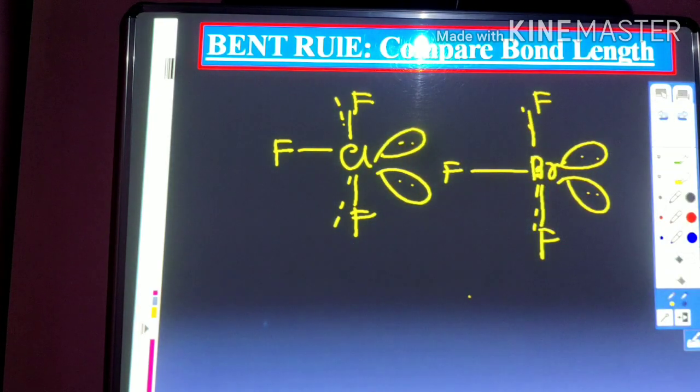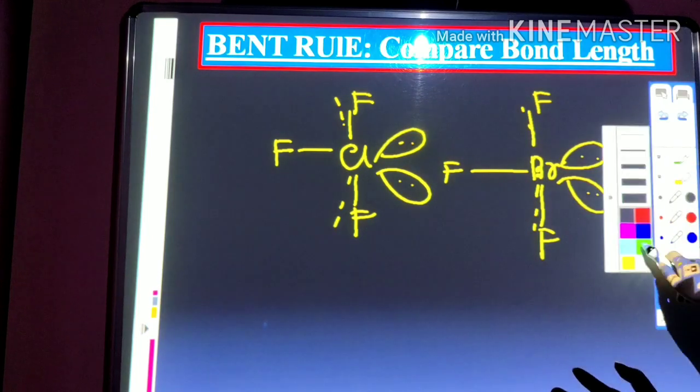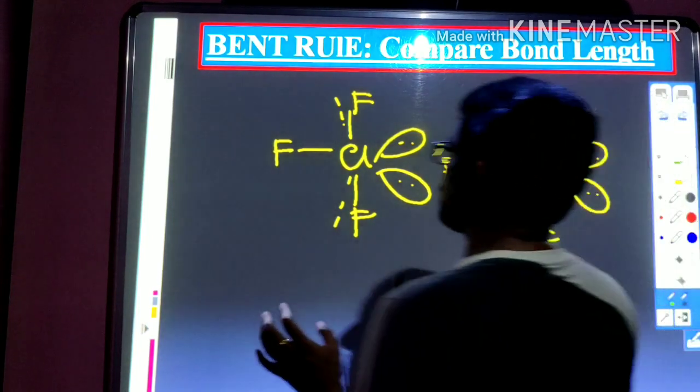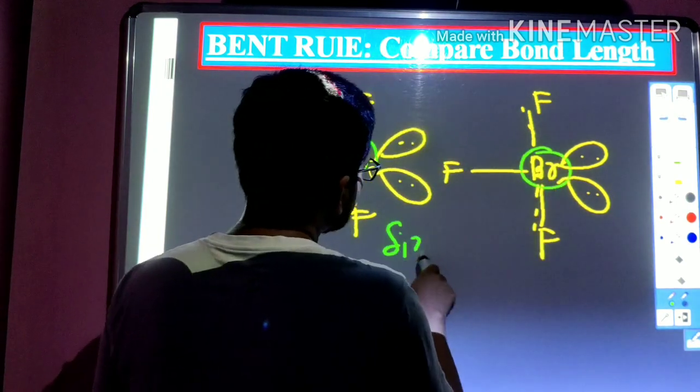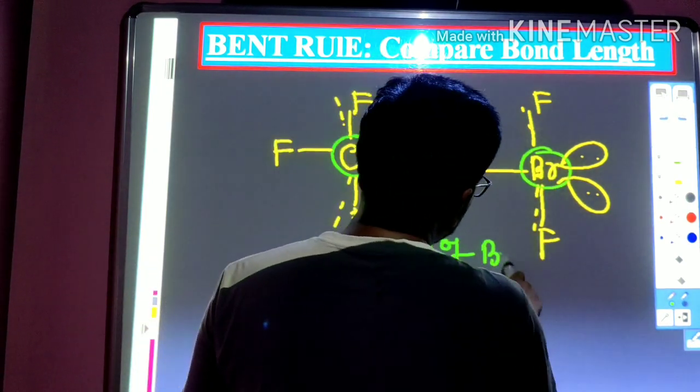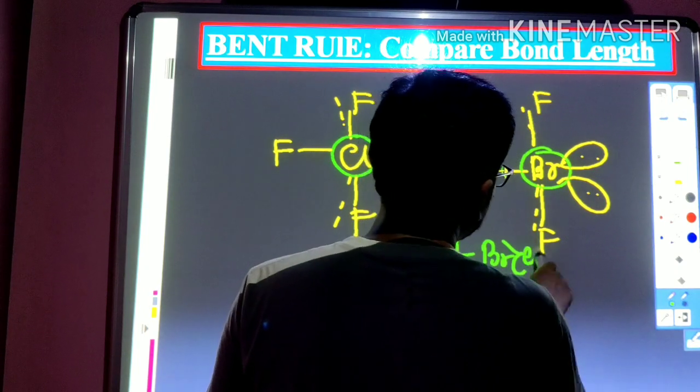Now see, when the central atom is different, the size of Br is more than the size of Cl.